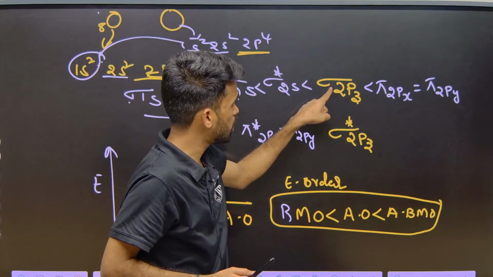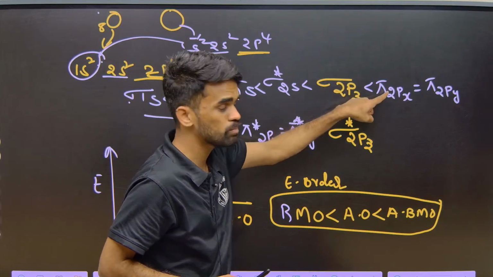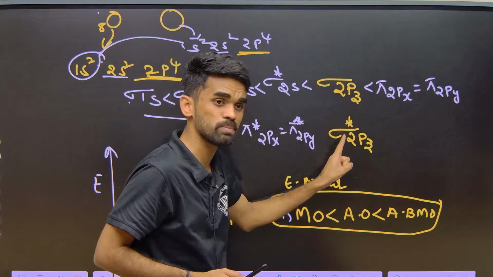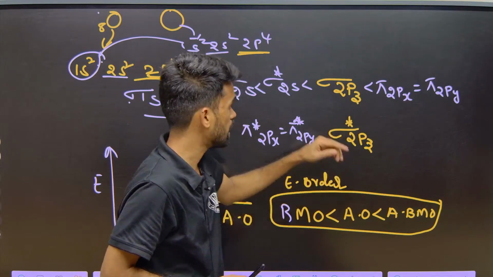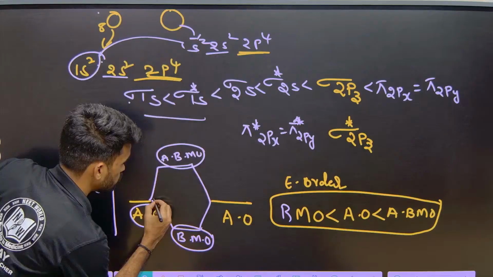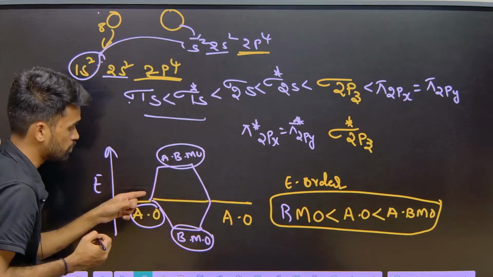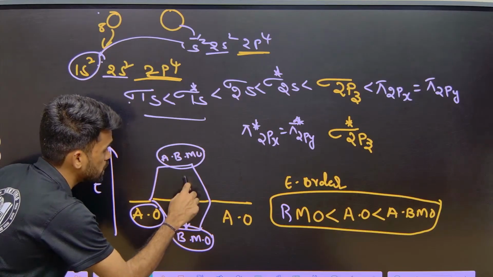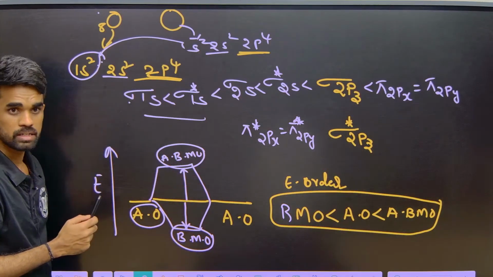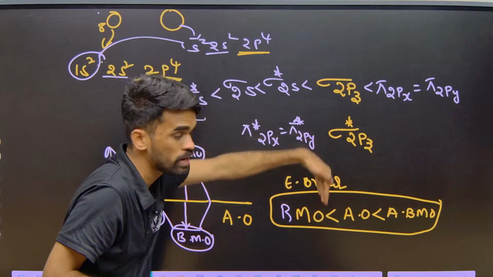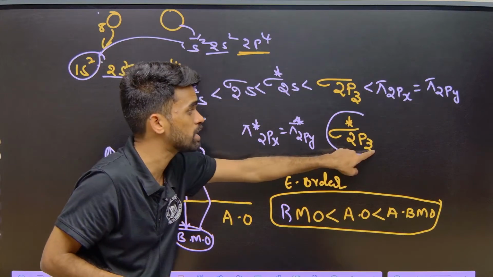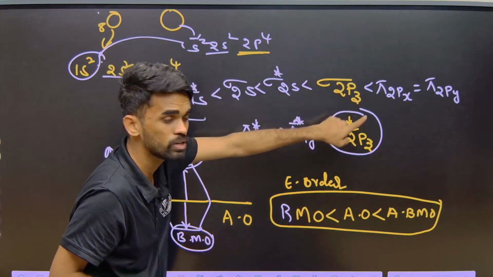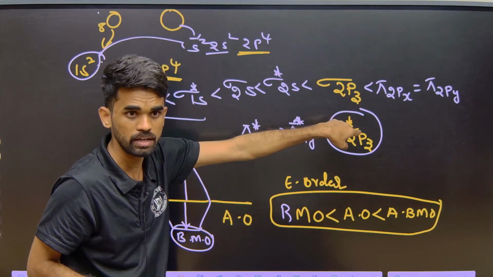After writing sigma 2pz, I have written bonding because bonding is always lower in energy than anti-bonding. Whatever the depth you see below the atomic orbital level, the same should be the height above it for anti-bonding. That's why I have written it at the end here.